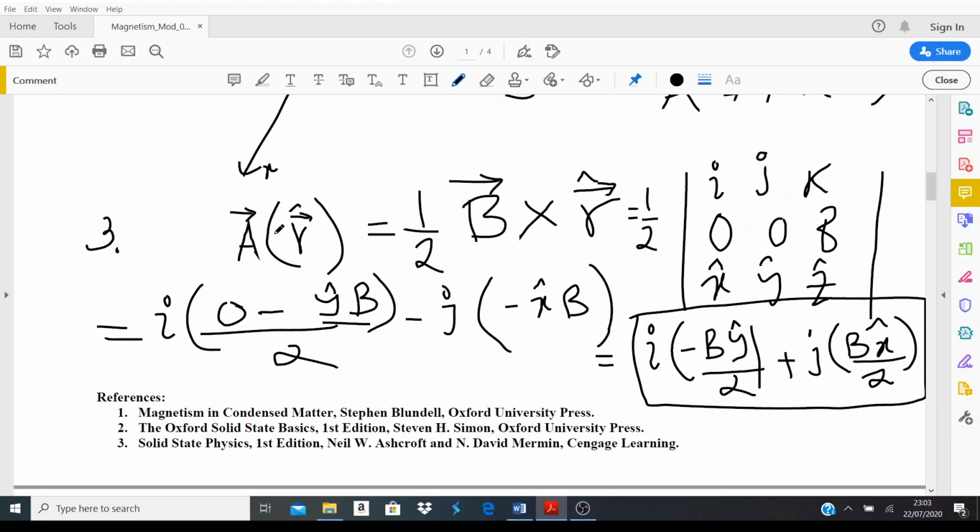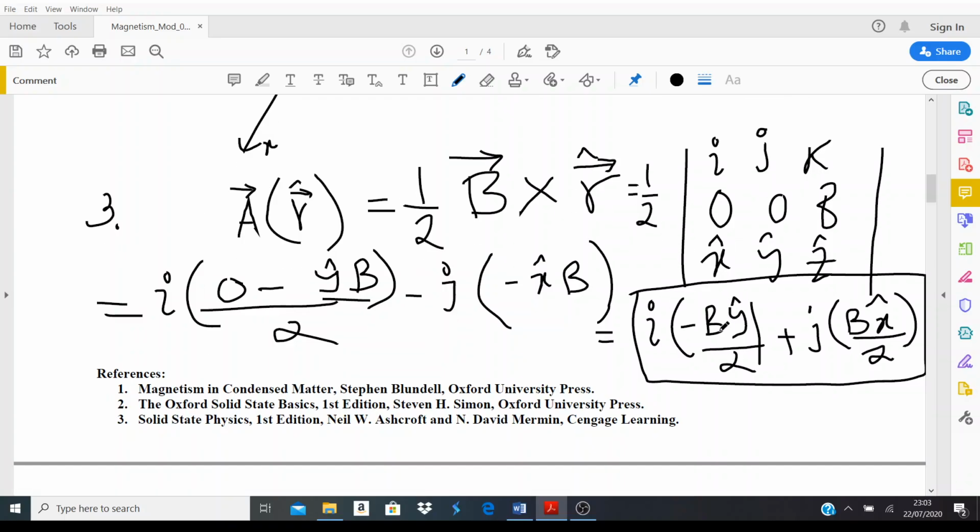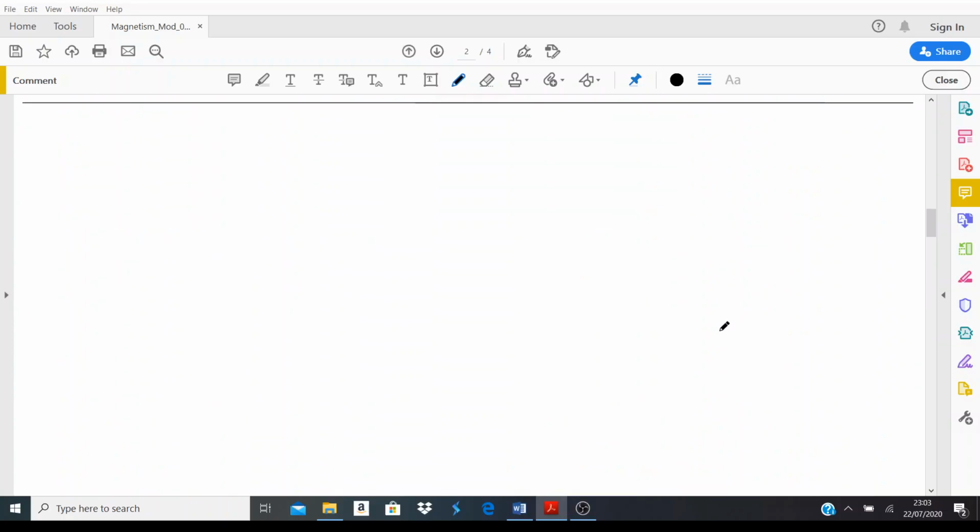Now we need to check whether this value indeed satisfies the condition of Maxwell's equation, right? And the Maxwell's equation that I need here is the one with the divergence of magnetic field equal to 0, right? That's the famous magnetic field equation in Maxwell's equations, one of the four.